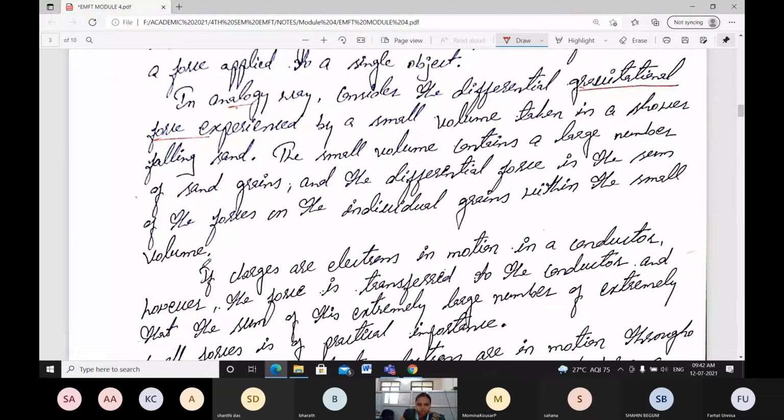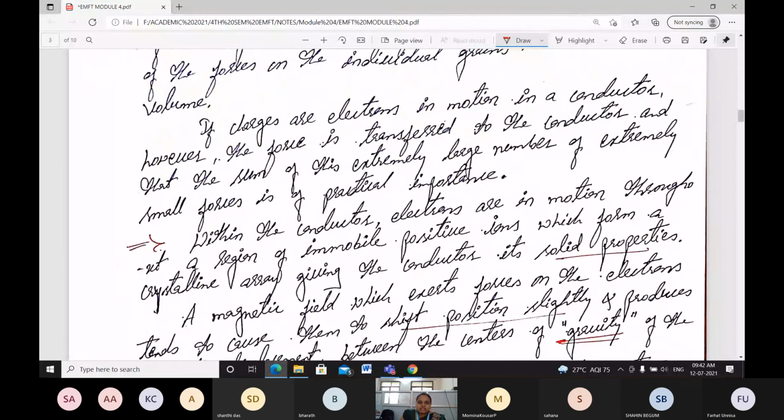If I consider charges such as electrons in motion in a conductor, we take an example of electrons in motion in a conductor. However, the force is transferred to the conductor, and it is the sum of an extremely large number of extremely small forces.